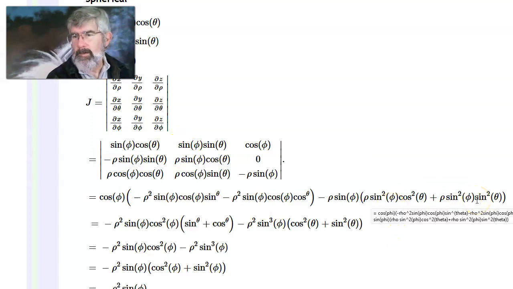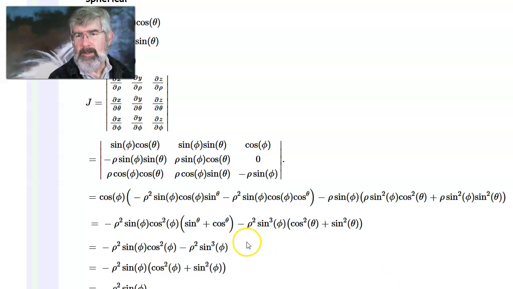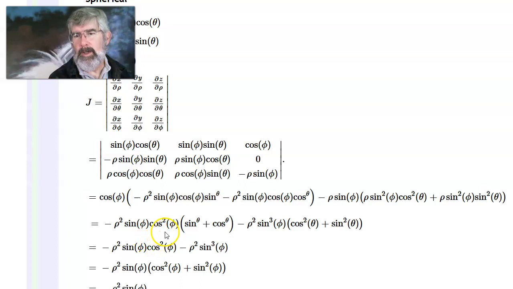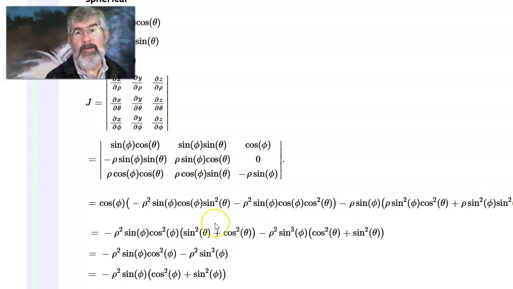Okay. So what I see here is, in this first one, there's a rho squared. Actually I'm going to factor out a minus rho squared sine phi cos phi from both of these terms, with a cos already out in front. That ends up being a cos squared. What's left is a sine squared theta from here and a cosine squared theta from there, leaving this.